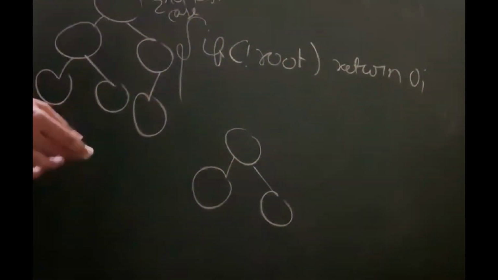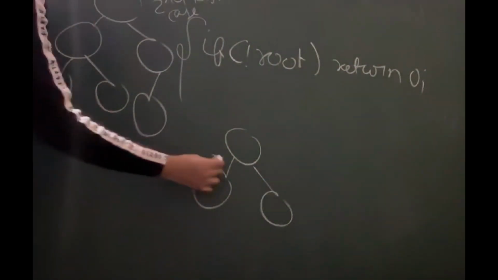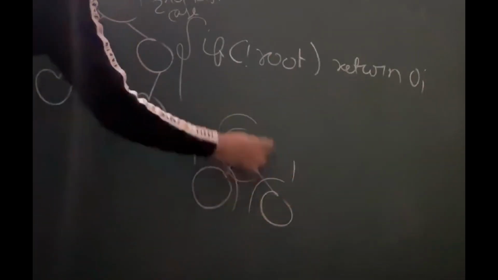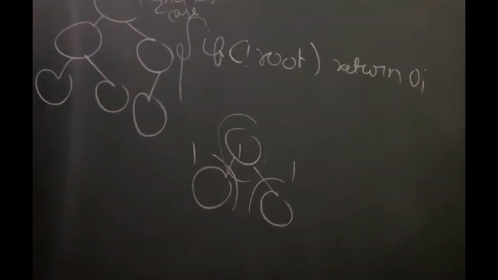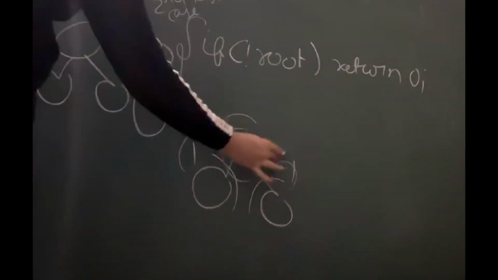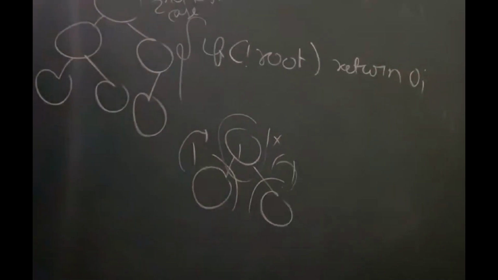So what we basically want here is the count of the left children, the count of the right children, and the count of the root. So I want it such that it gives me the count of the left children, the count of the right children, and I'll add one for the root myself.